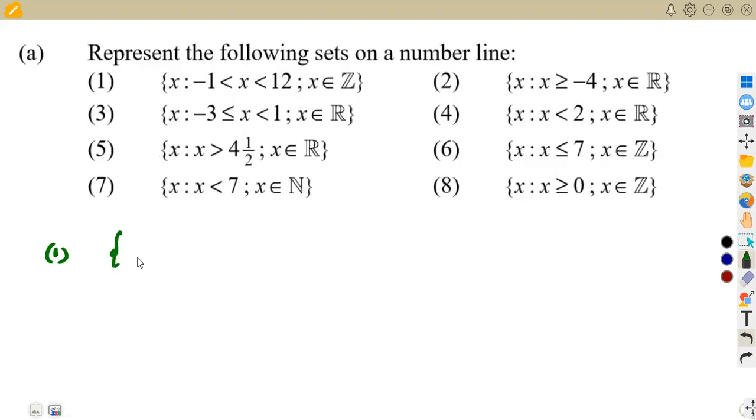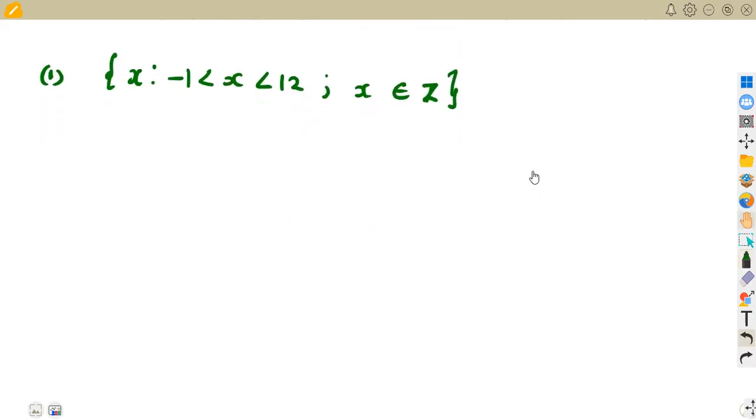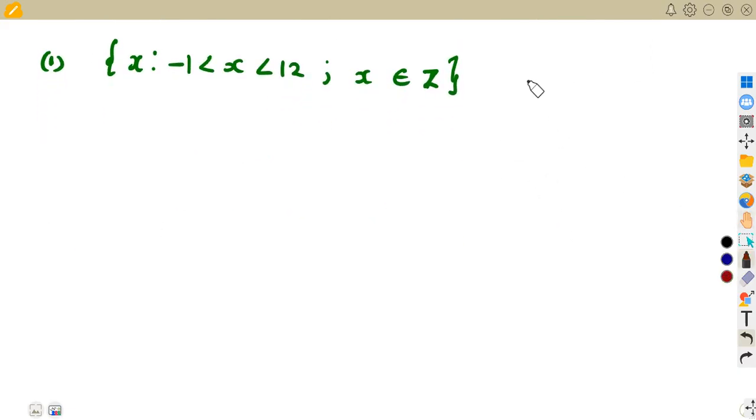Given the set of values of X such that our X is greater than -1, but the same X is less than 12, and this X is actually an element of Z. So the Z there, like I said, represents integers. Remember, when we are dealing with integers, we are talking about positive or negative whole numbers.